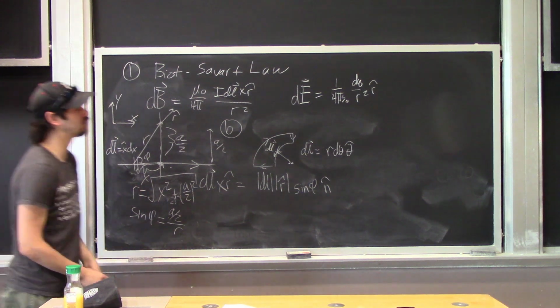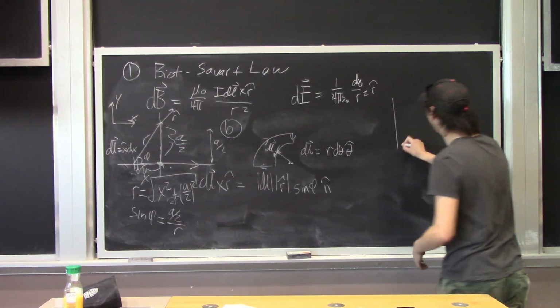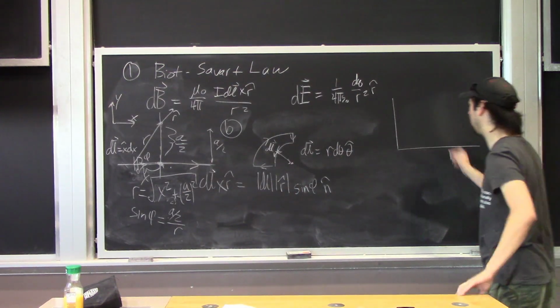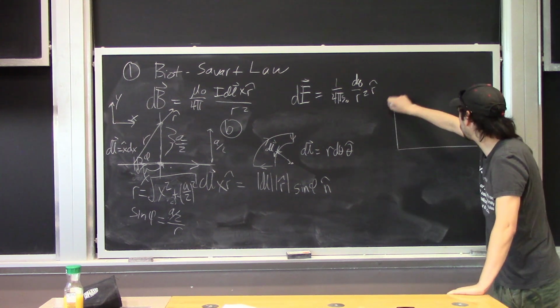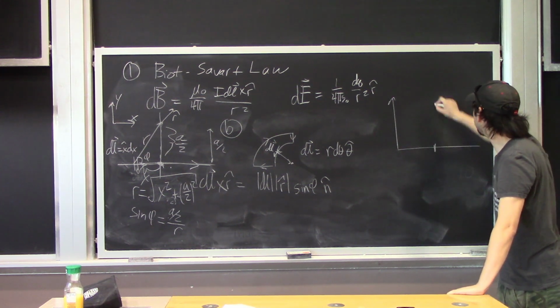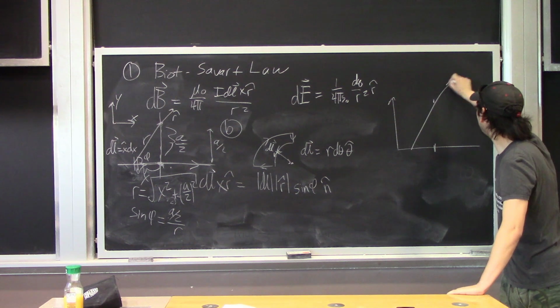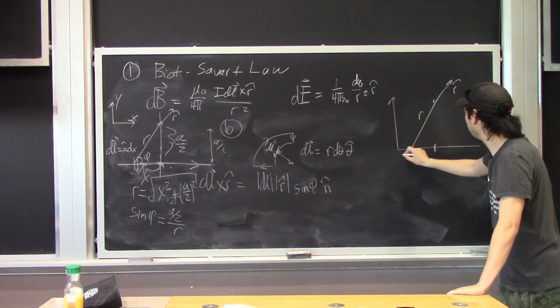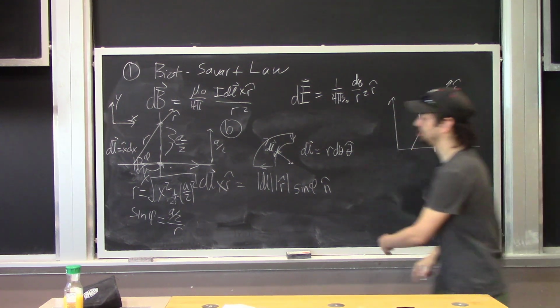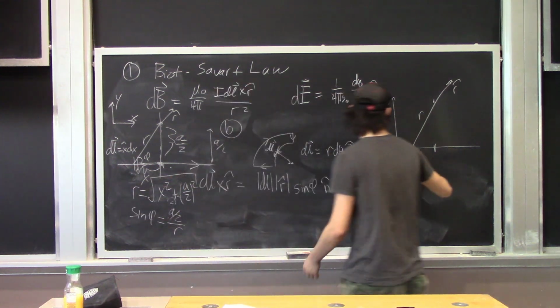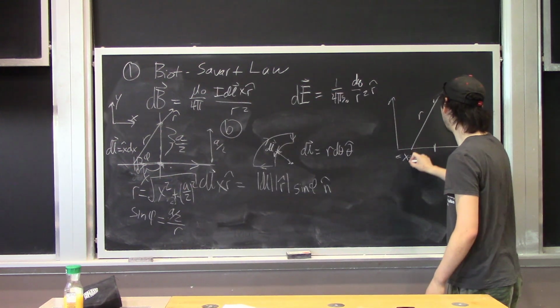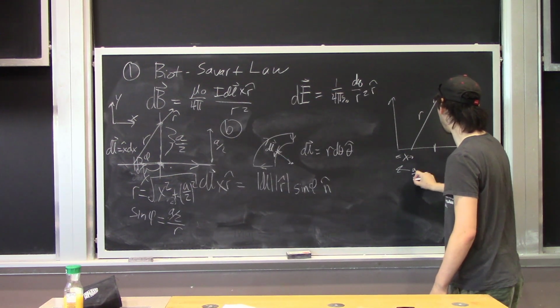Remember, there are 2 different ways that we could have done this, and the reason why I'm doing it like this is because if I did it like this, and here's the point, here's r hat, here's r. If I say that the origin is the left side here, then this is the distance x. This distance is a divided by 2.